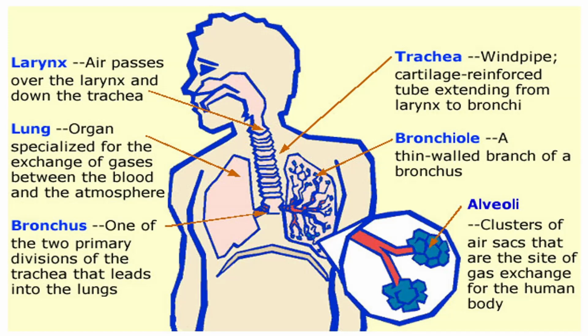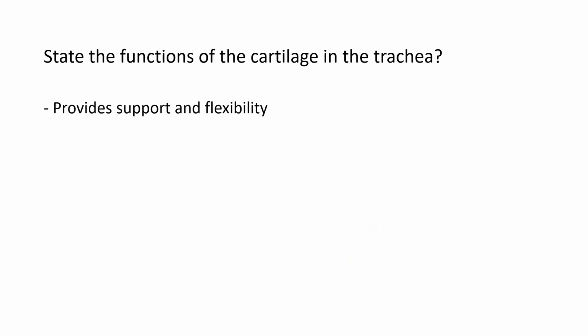The lung, of course, is the main organ where gas exchange happens, and the bronchiole is a thin-walled branch of the bronchus. The bronchus is one of the two primary divisions of the trachea that lead to the lungs, and the alveoli are the small air sacs, those bubbles, and they do gas exchange inside there.